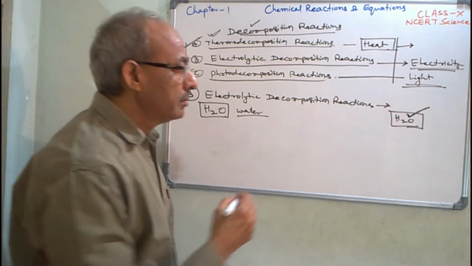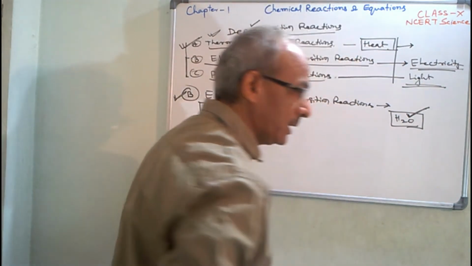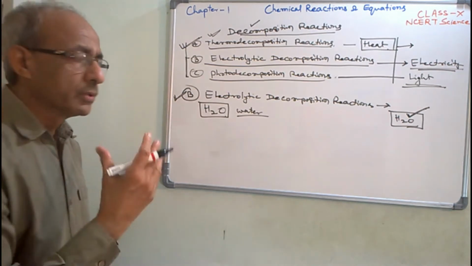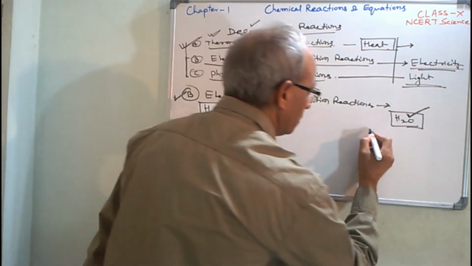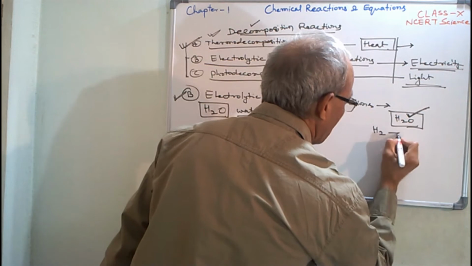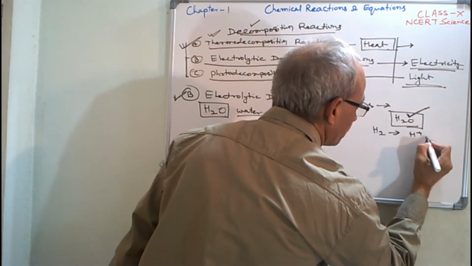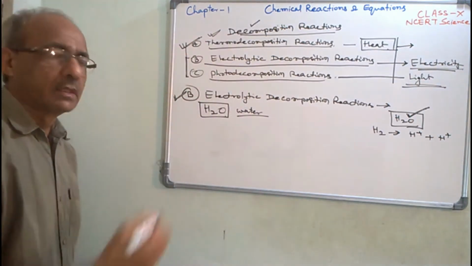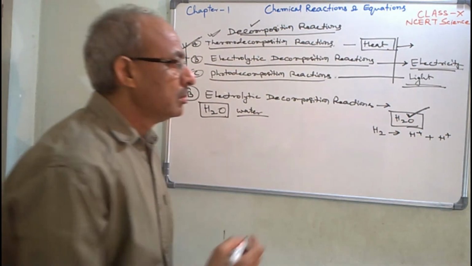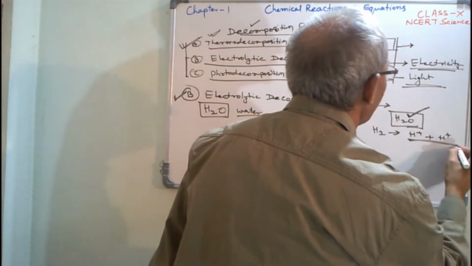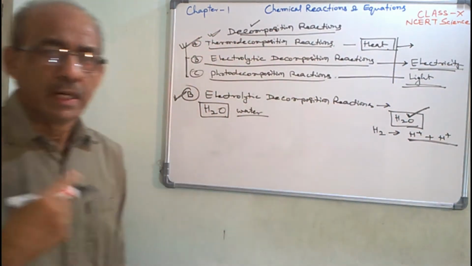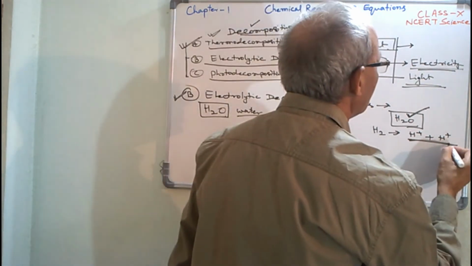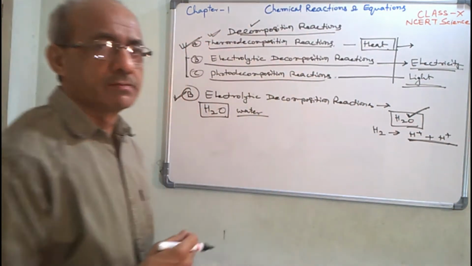In nature, particularly at the time of lightning, due to electrical discharge, the hydrogen molecules split into atoms and form hydrogen ions.